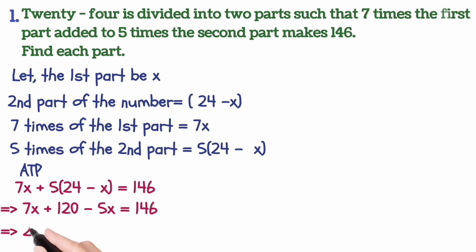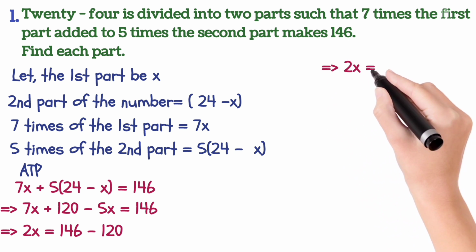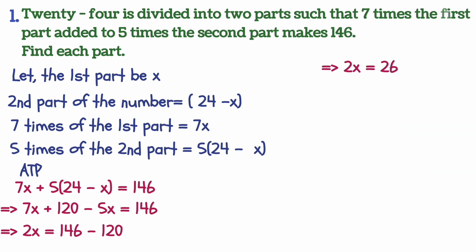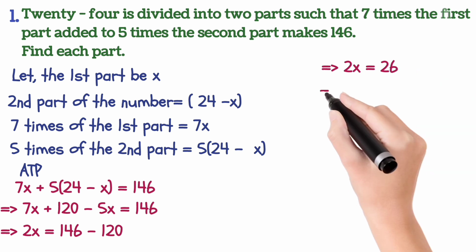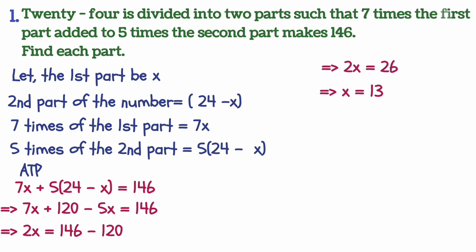Now 7x minus 5x equals 2x equals 146 minus 120, because we have shifted 120 from left side to right side. So 2x equals, if you subtract, you will get 26. So x equals 26 divided by 2, that is 13. So x equals 13.